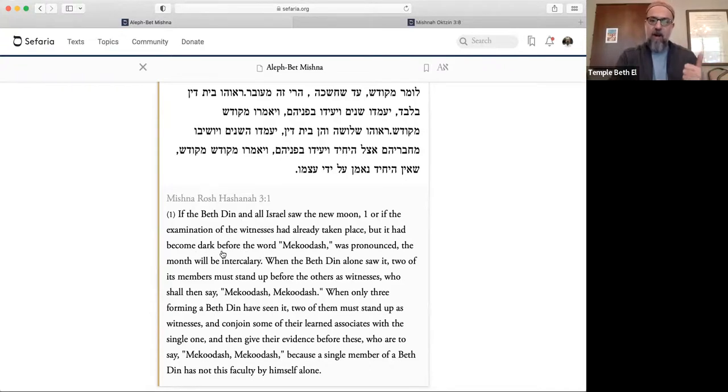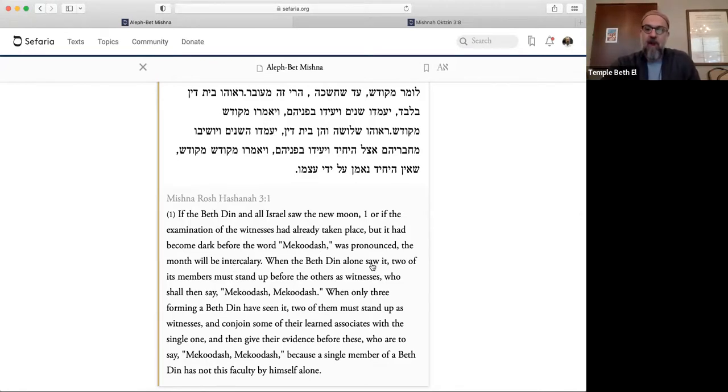It had become dark before they declared the new moon. Said Mekudash. The new moon is Mekudash. It's declared. The month will be intercalary, which means there will be a 30th day.